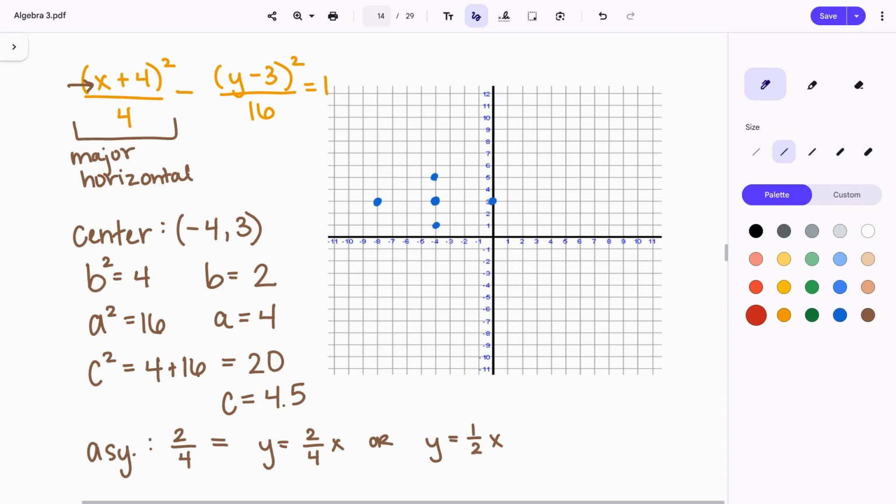And then for my asymptotes, we've got 2 over 4x. So from the center, you're going up 2 and over 4 in all these different directions to get those lines drawn in here. You can draw that box in.